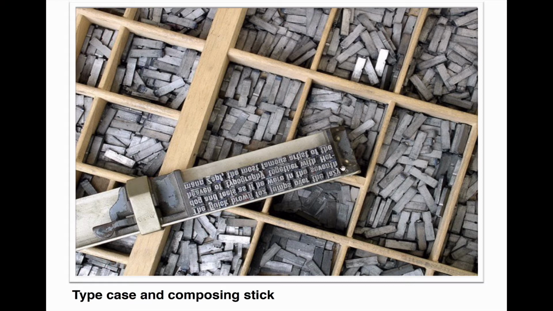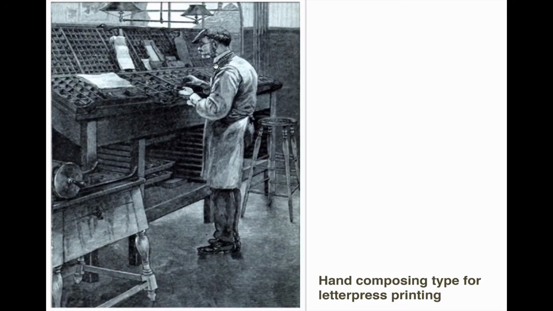And this is a type case, and it shows a different little compartment for each one of the letters that could be hand sorted into a type stick here by a typesetter. And you can see this guy looks kind of tired and a little hunchbacked. I'm going to guess his feet hurt. He stood there all day hand composing type.